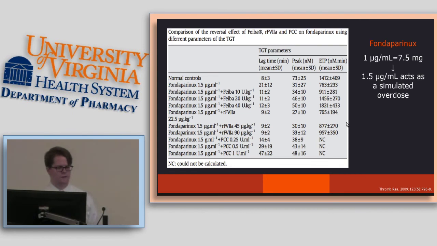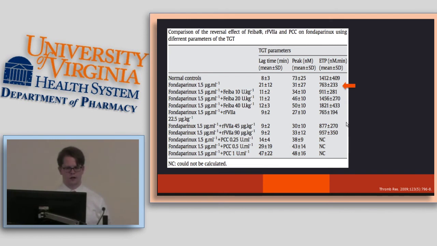So with this study, plasma was titrated to 1.5 micrograms per milliliter to act as a simulated overdose. And we can see with fondaparinux that administration of it led to large increases in lag time, decreases in peak thrombin generation, as well as about a 50% reduction in endogenous thrombin potential.